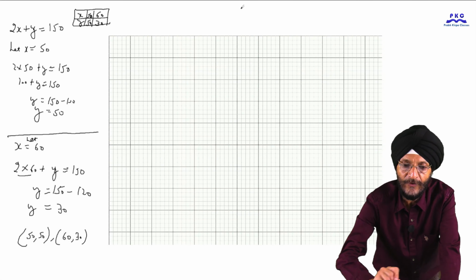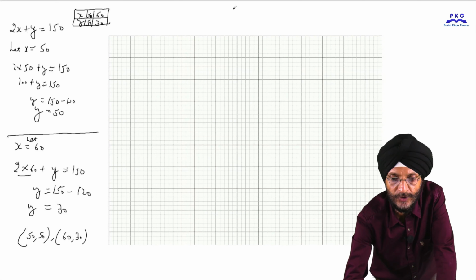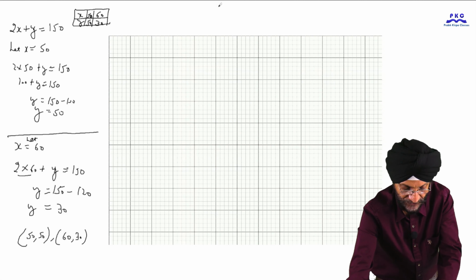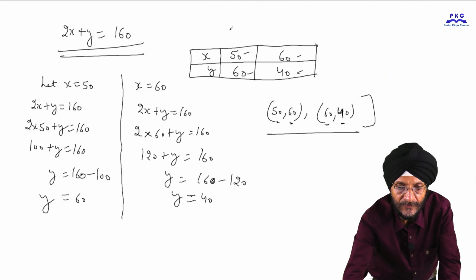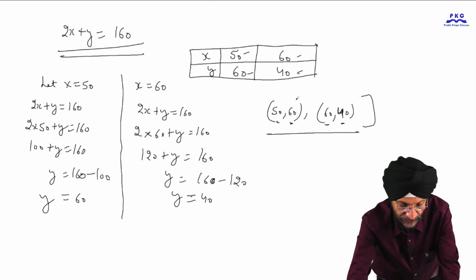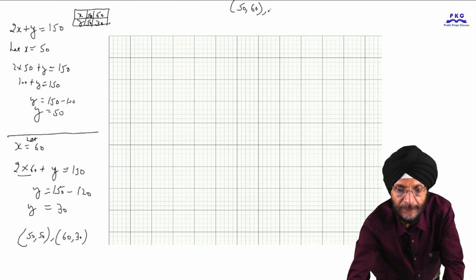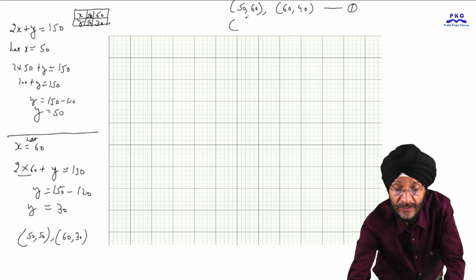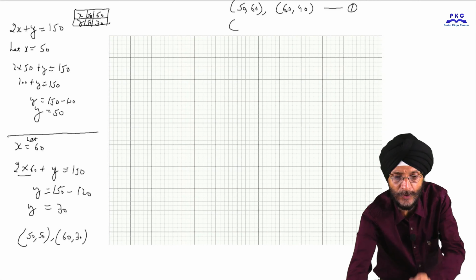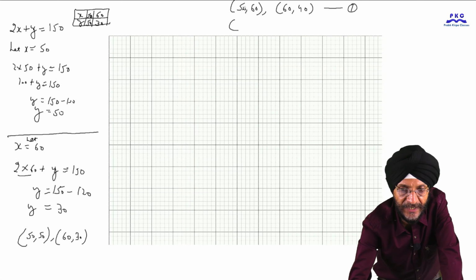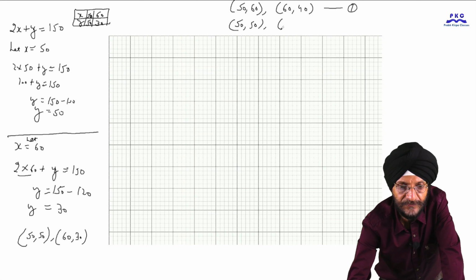Now we will have to form the graph on the basis of the solutions which we have arrived at. What was the first? It was 50, 60, and 60, 40. This is the first case, the solution in respect of the first equation, and in respect of the second it is 50, 50 and 60, 30.